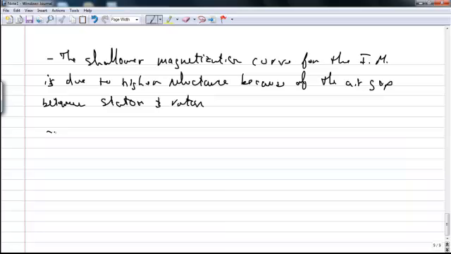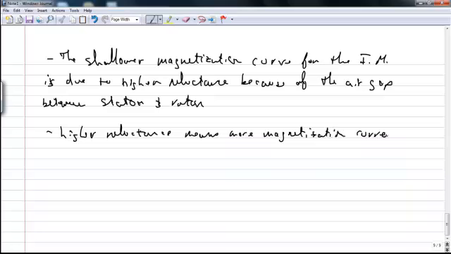And higher reluctance means more magnetization current to obtain a given flux level.